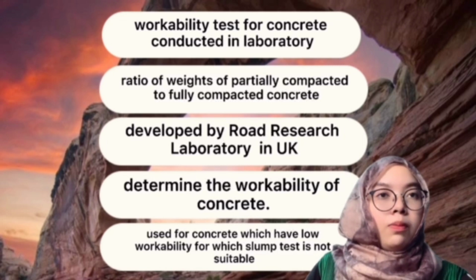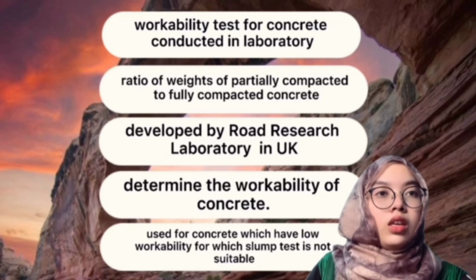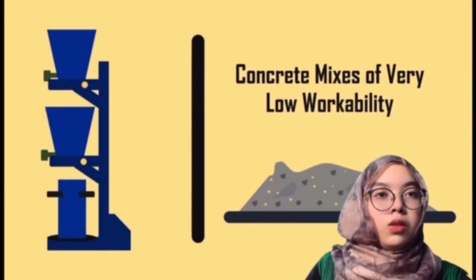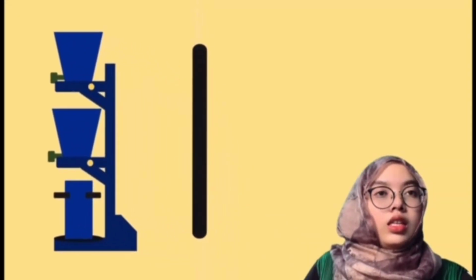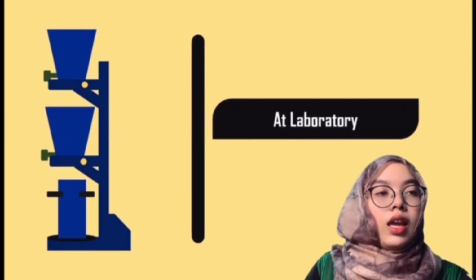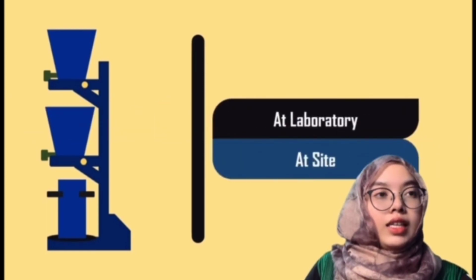It was developed by the Road Research Laboratory in the United Kingdom and is used to determine the workability of concrete. The test is used for concrete which has low workability, for which the slump test is not suitable. It is designed generally for use in the laboratory and sometimes used at sites.